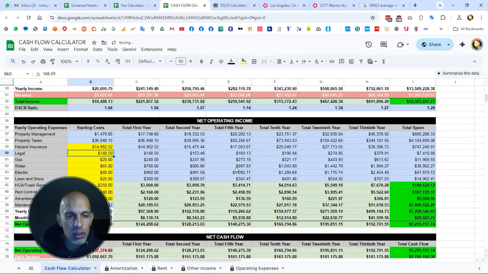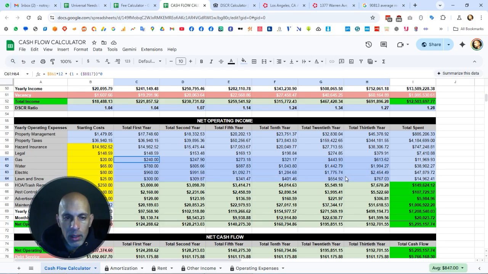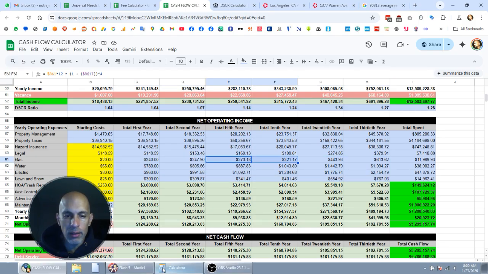Oh, these are based on, okay, so that one looks like it's based on a yearly basis. Is it? Yeah, so I'm not doing that by 12. Okay. So we're going to do the average here and then divide by 12.